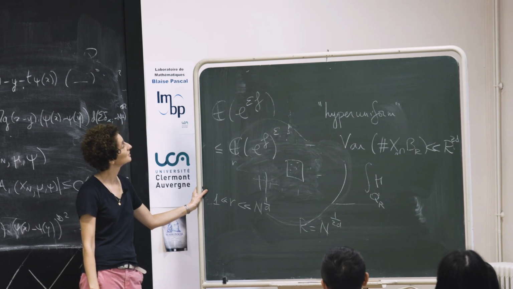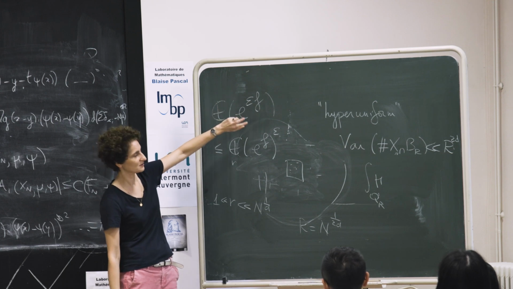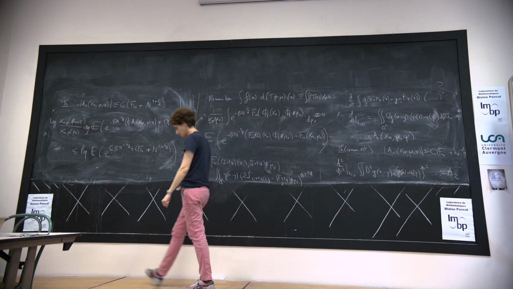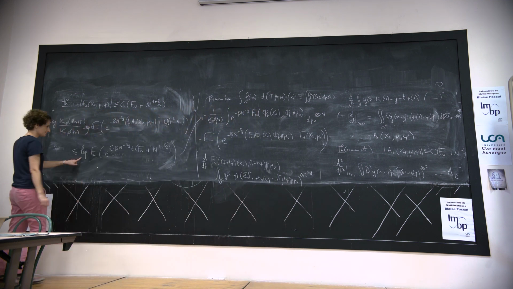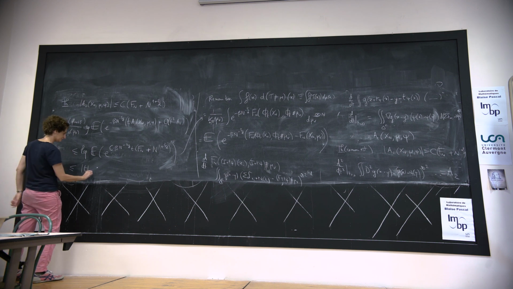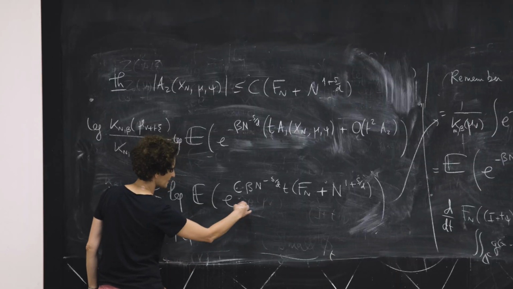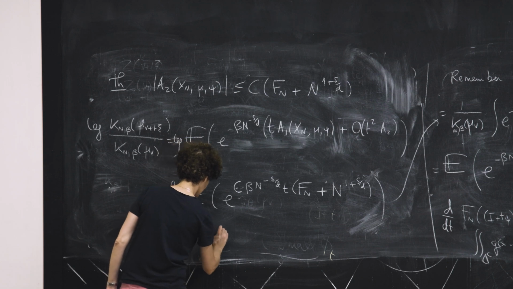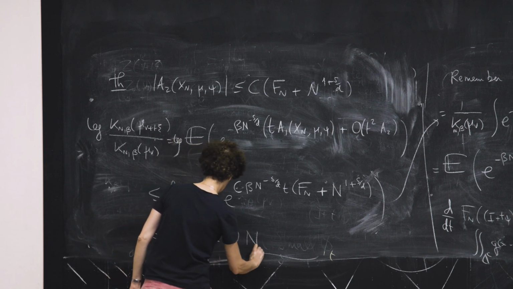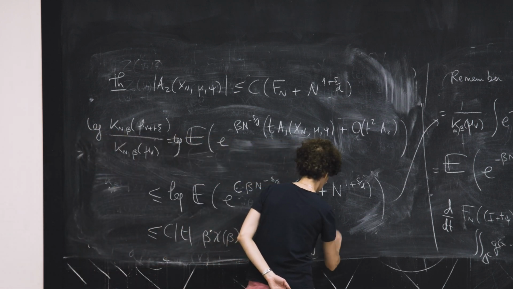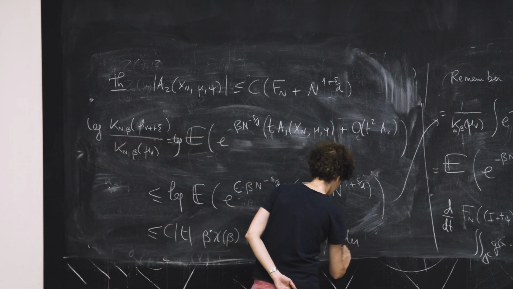Yeah, because I raise this to the power 1 over epsilon, and I do Holder. So when I take the log, I can bound this by the absolute value of t times basically the expectation of f, which I know is bounded by beta chi beta n. Okay, by Holder plus control of exponential moments.